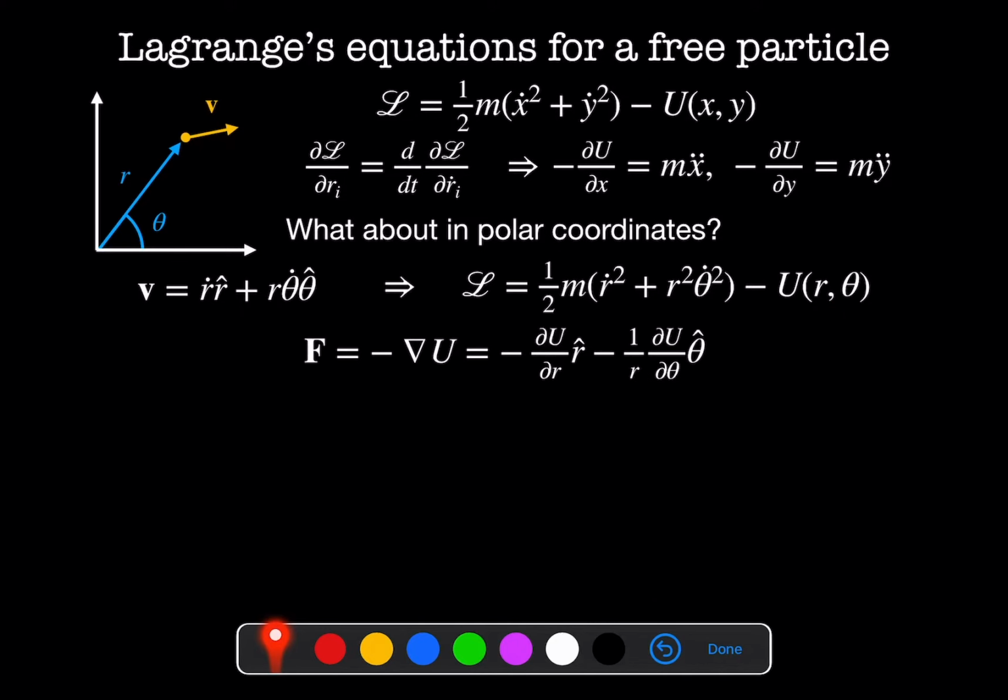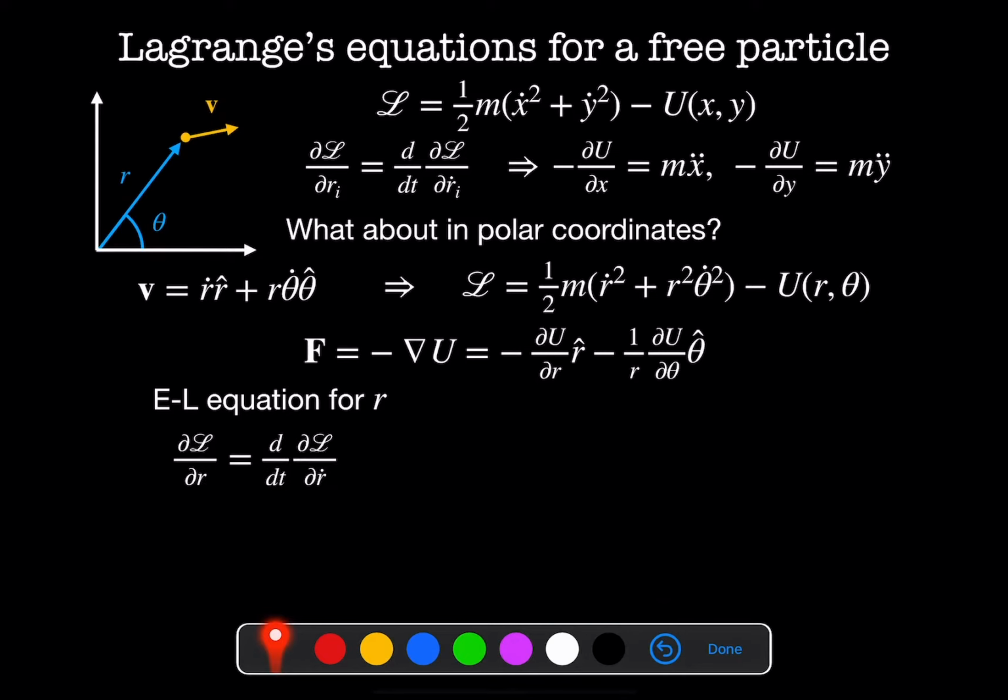So just a reminder about how these gradient operators work in polar coordinates. Force is equal to minus the gradient of U. This is minus dU by dr in the r hat direction minus 1/r dU by d theta in the theta hat direction. Let's look at the Euler-Lagrange equation for r.